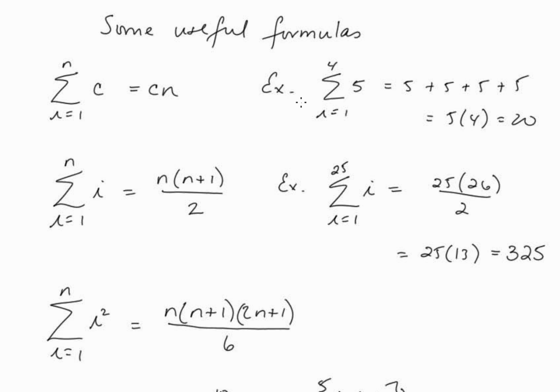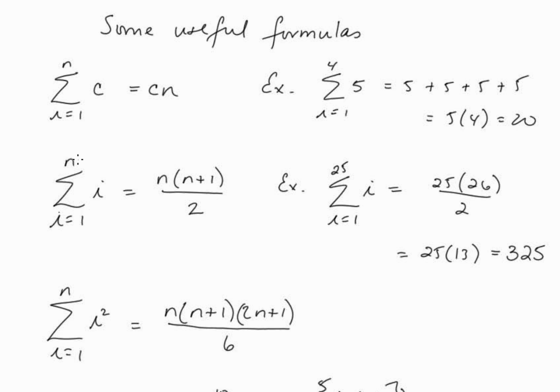For example, if we have the summation I going from 1 to 4 of the number 5, this is 5 plus 5 plus 5 plus 5. We have I equals 1, I equals 2, I equals 3, I equals 4. It doesn't matter what I equals, the number inside the summation is always 5. So we have 4 copies of 5 here, so we have 5 times 4, which is equal to 20. So this is c times n in this case.